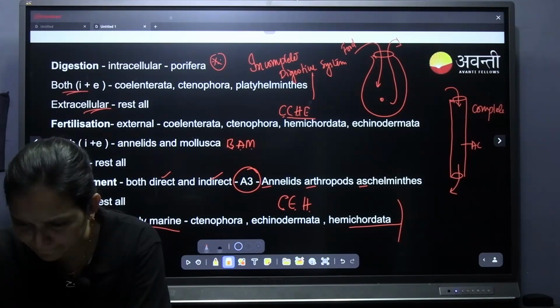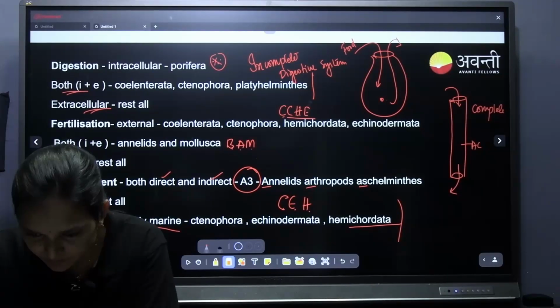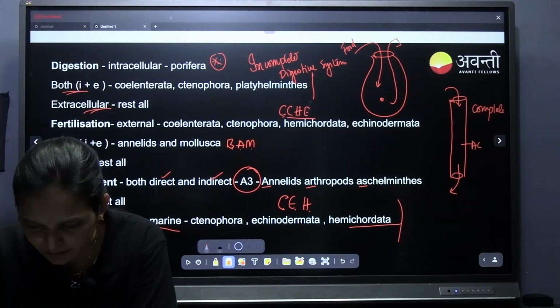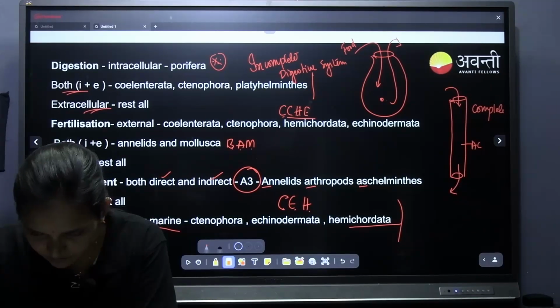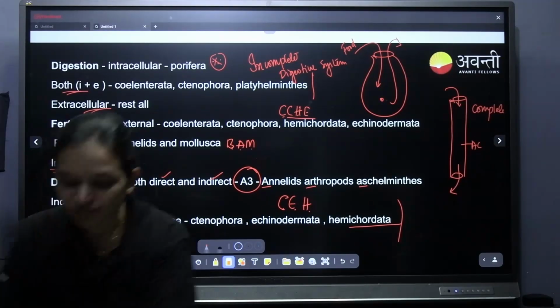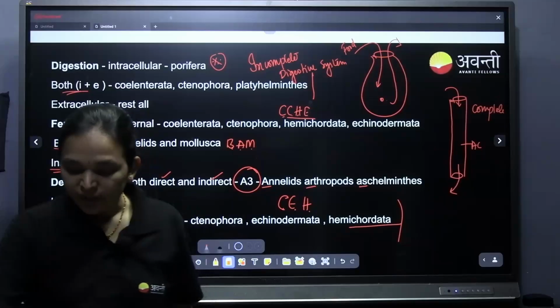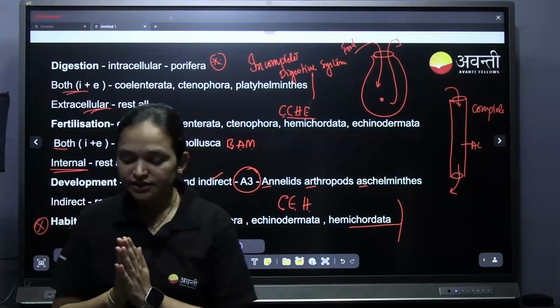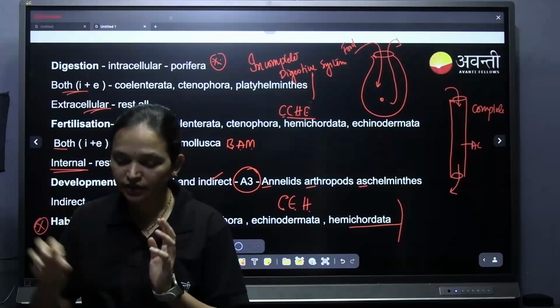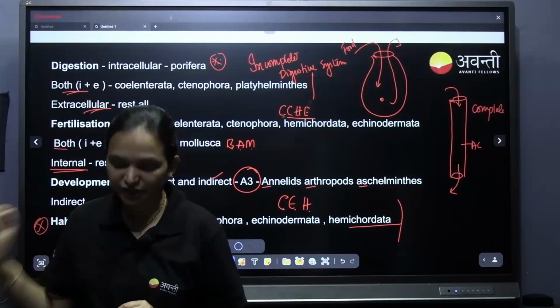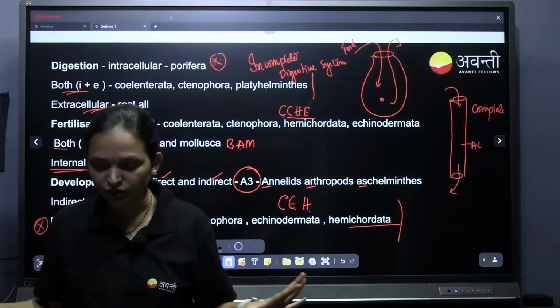Ma'am, what is exclusive and inclusive in biology? What? I couldn't hear you. What does exclusive and inclusive mean in biology? Like it has been given that exclusively marine. Exclusively means they will not survive in fresh water at all. There will be no fresh water for them.